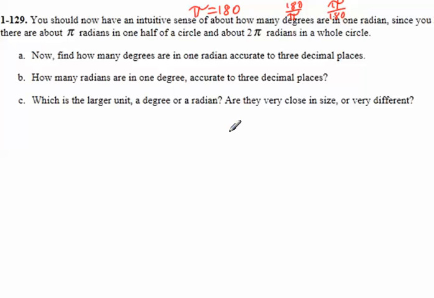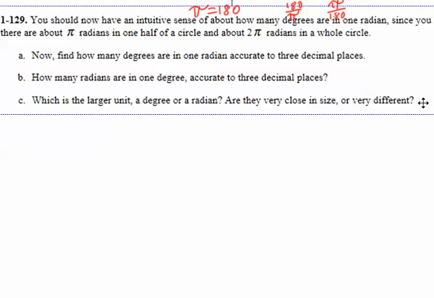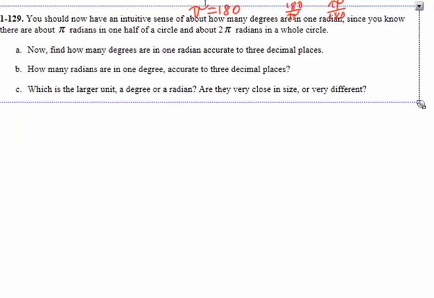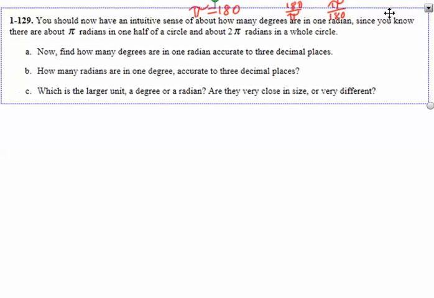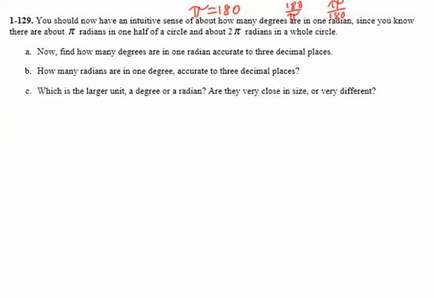So you should have an intuitive sense about how many degrees are in 1 radian. Actually this got a little bit chopped off, so let's change the size of it. There we go, now we can read all of it. How many degrees are in 1 radian, accurate to 3 decimal places?